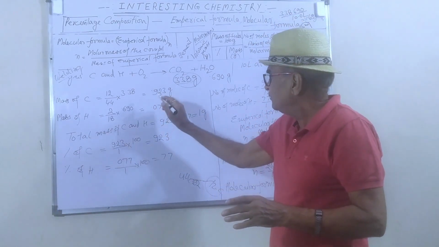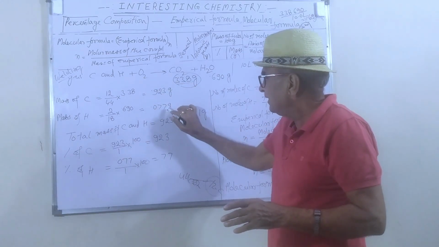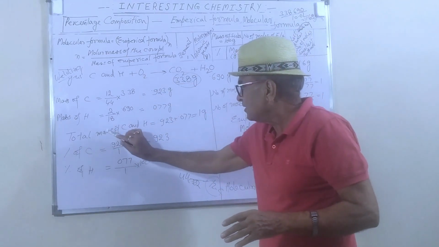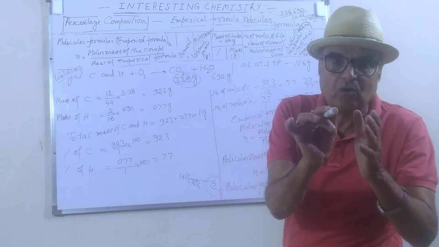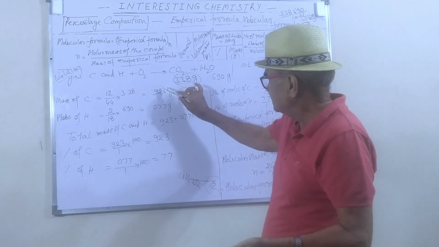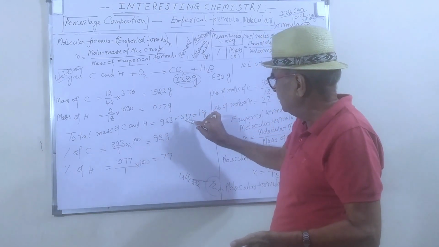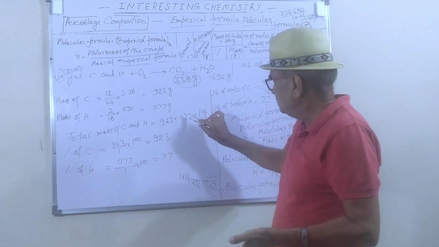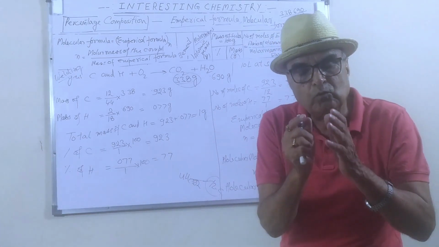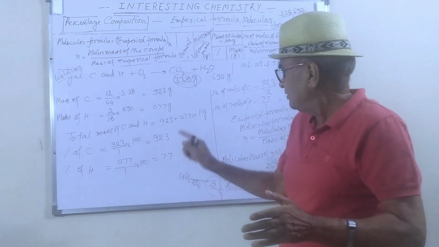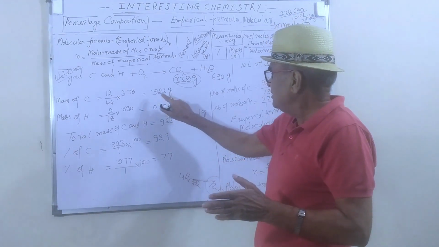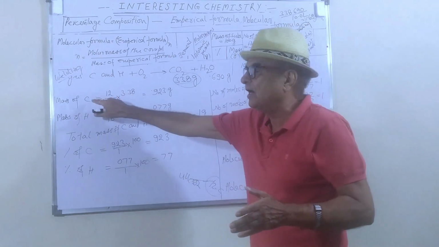So get the total mass of carbon and hydrogen: 0.923 plus 0.077 is equal to 1 gram. Now this 1 gram contains 0.923 gram of carbon.